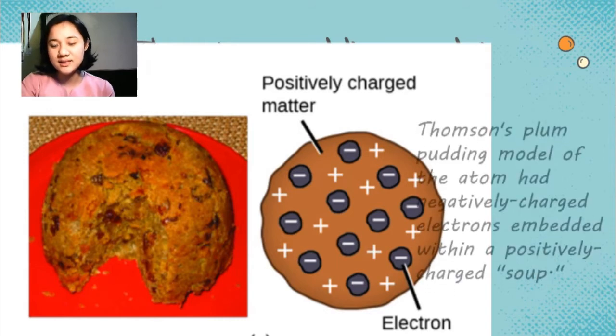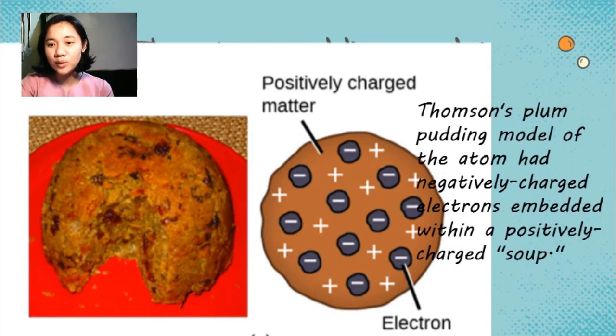And in his model, Thomson's plum pudding model of atom had negatively charged electrons embedded in a positively charged soup. Okay? So, again, yung model ni J.J. Thomson, ang kanyang na-discover na subatomic particles is the negatively charged particles, which is the electron.